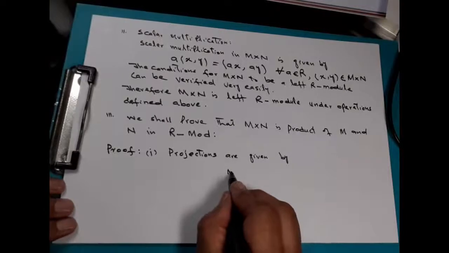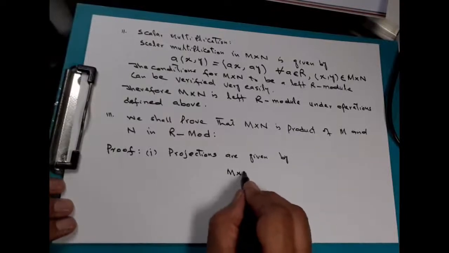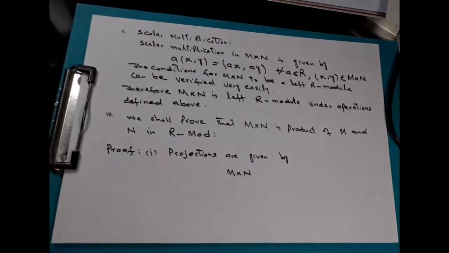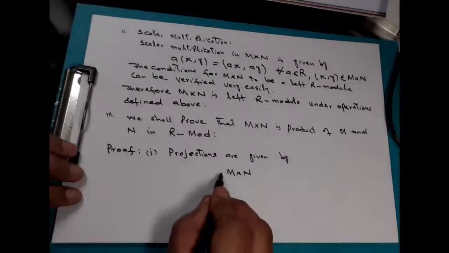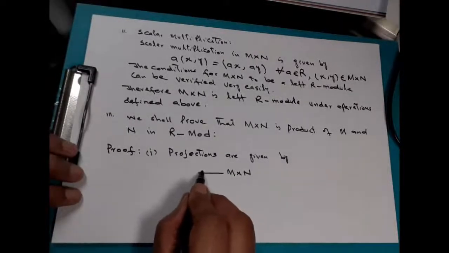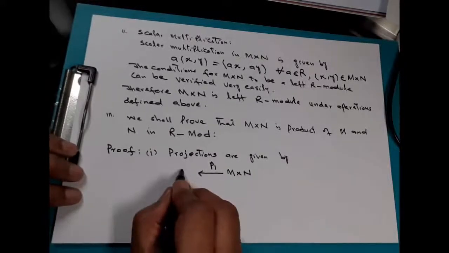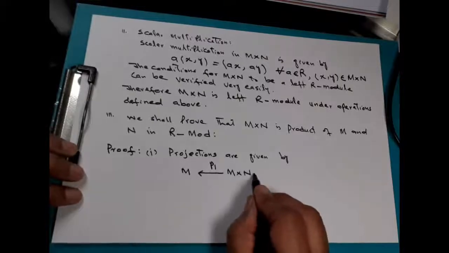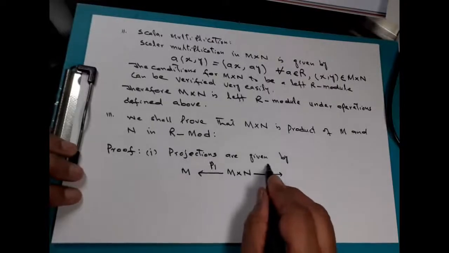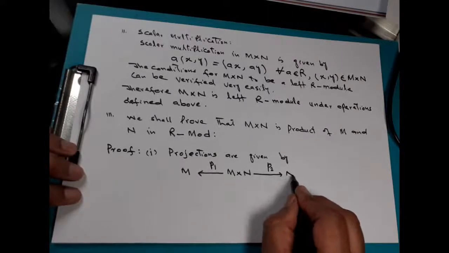We have M cross N, the module we have defined above, and the first projection P1 from M cross N to M, and the second projection P2 from M cross N to N.